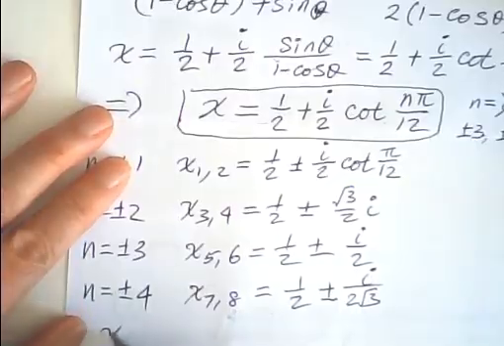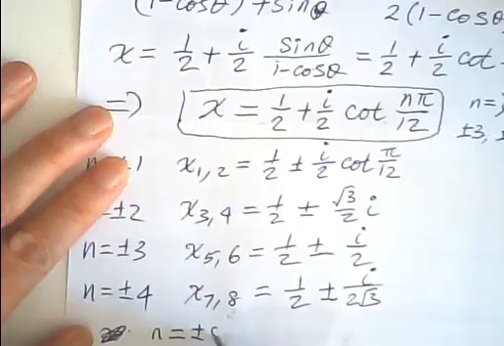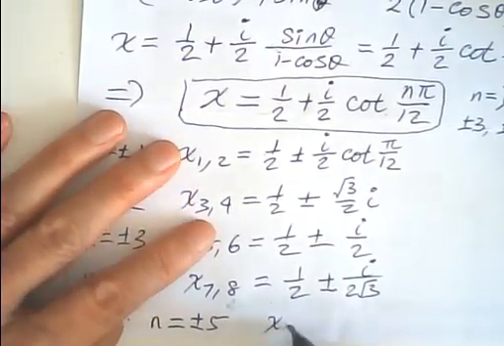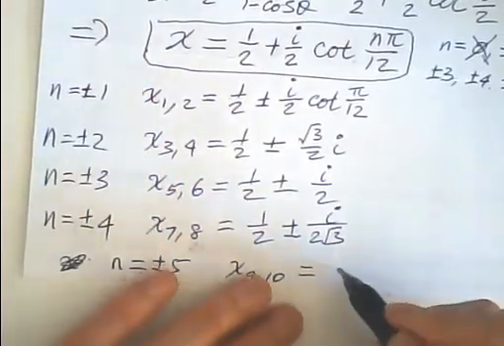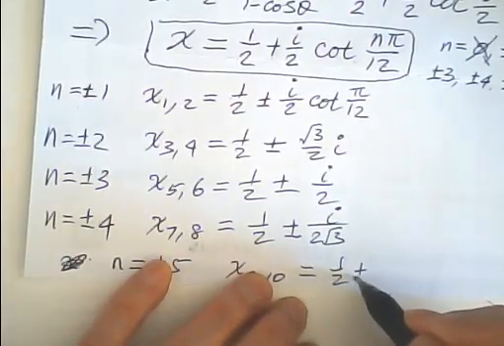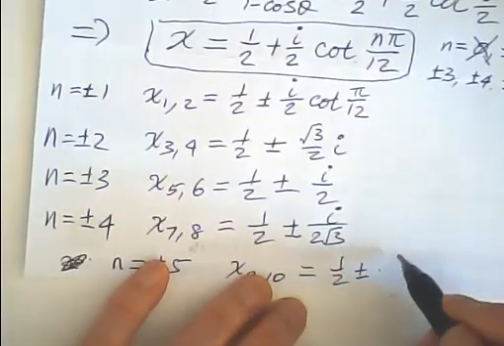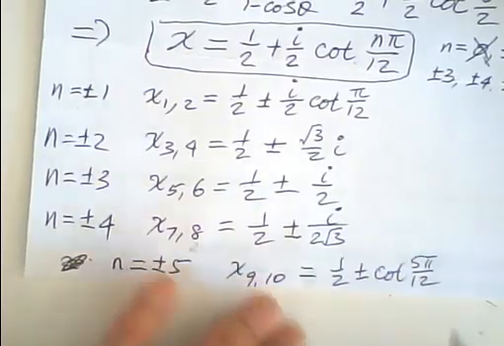And n equal to plus or minus 5, then x9, x10 is equal to 1/2 plus or minus cotangent 5 pi over 12.